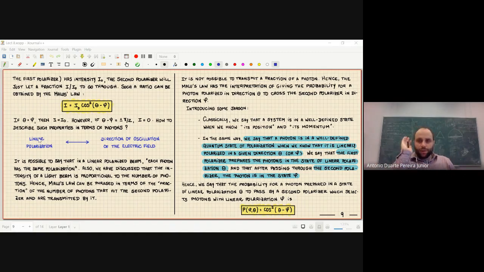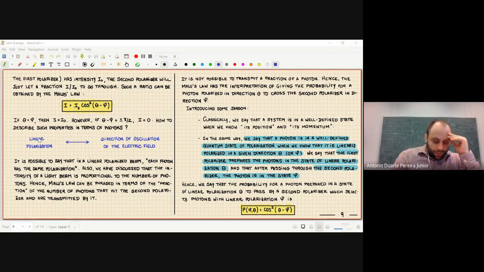This is a very important concept. Now that I have introduced all these concepts, I can tell you that I am considering the linear polarization of monochromatic light that travels in a fixed direction. This is a complicated name, but this is what it is. I hope that all the words that I said now are understandable for you.